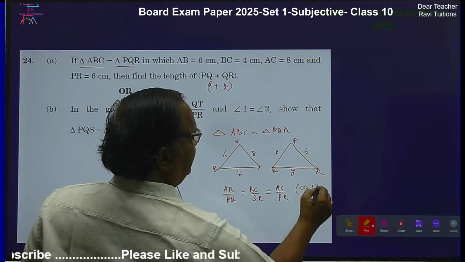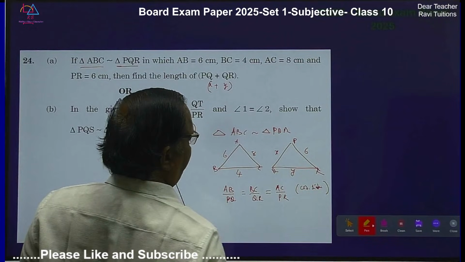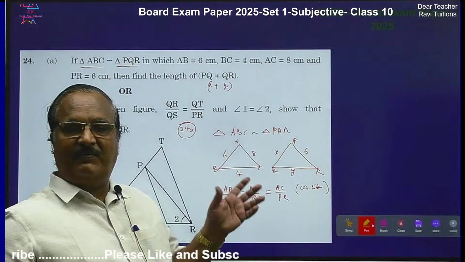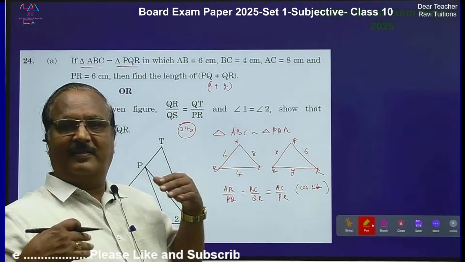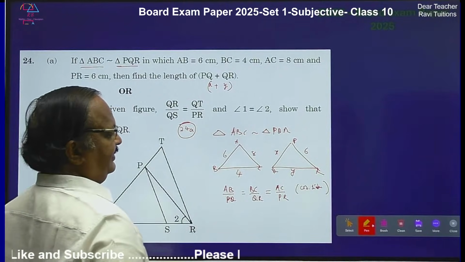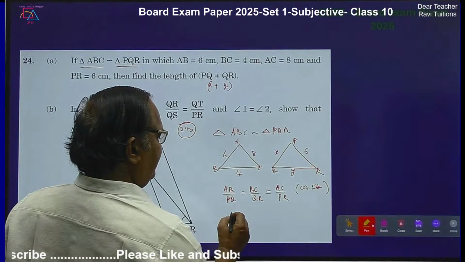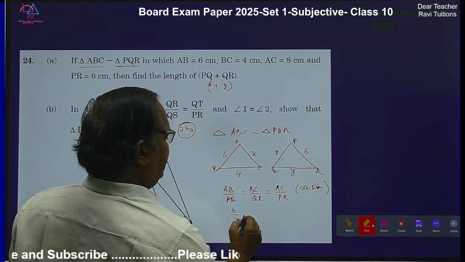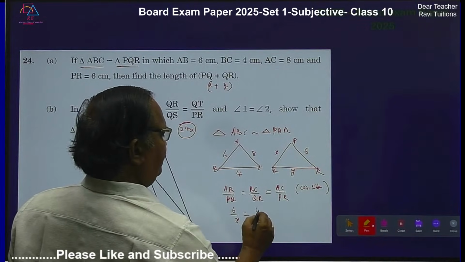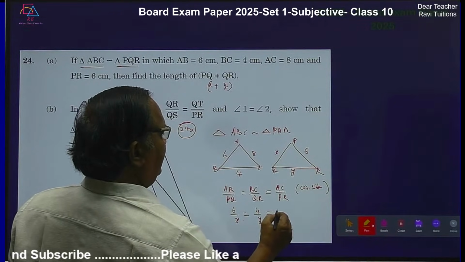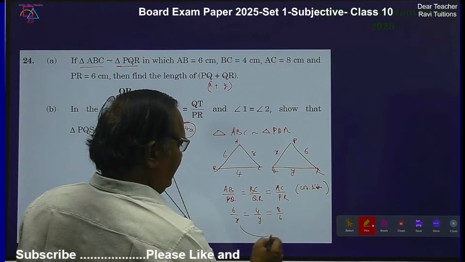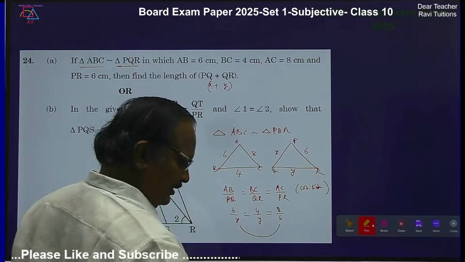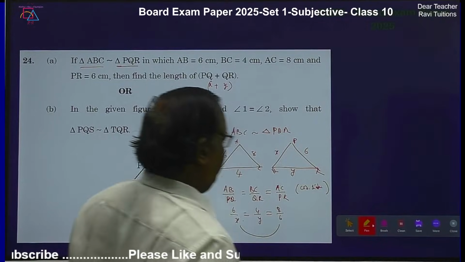Corresponding sides proportional. Till now I was doing MCQ, so I was doing directly the answers. So don't do like that. So AB is 6 by X. BC is 4 by Y. AC is 8 by 6. So now you take one time like this.